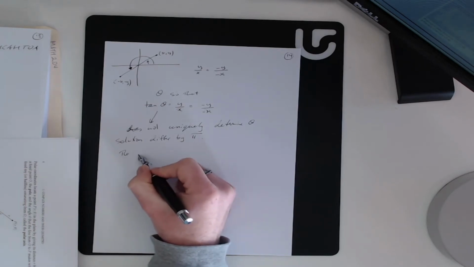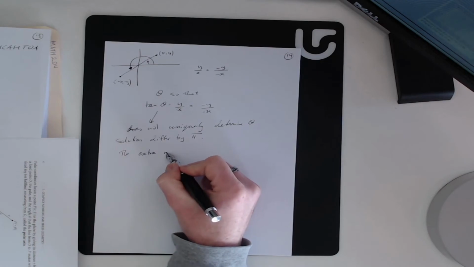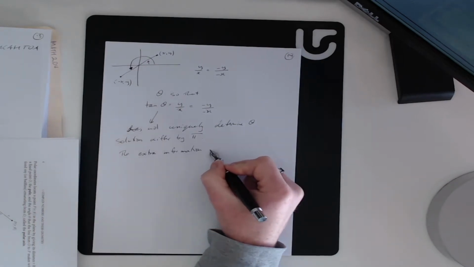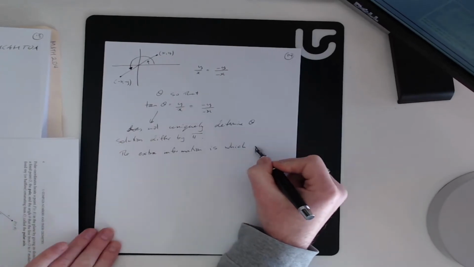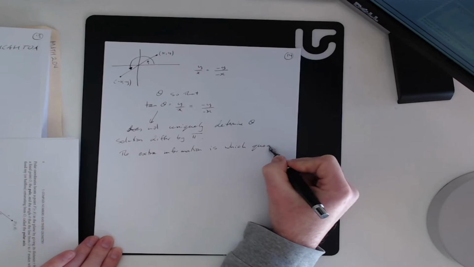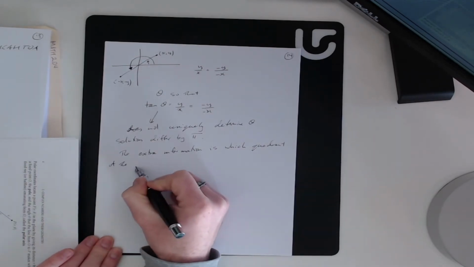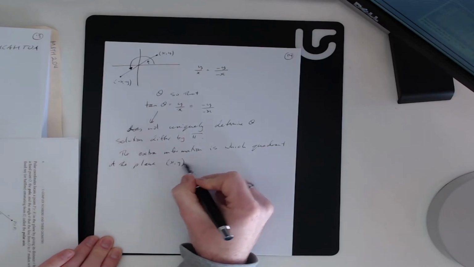The extra information that's needed is which quadrant of the plane the point lies in.